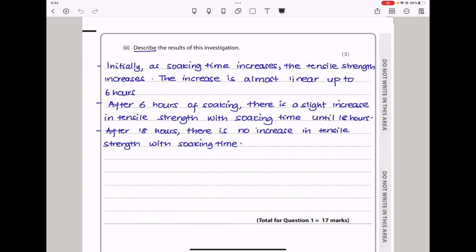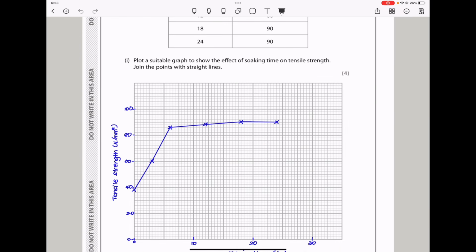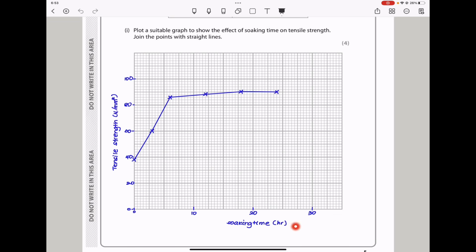Moving on next. Here they say describe the results of this investigation. Since the question is about describe, I have to talk about the relationship we can see. Initially, we can see as the soaking time increases, the tensile strength increases, and this increase is actually linear. But after a soaking time of about 6 hours, we see there is going to be a decrease, and then it tries to flatline out after this time.